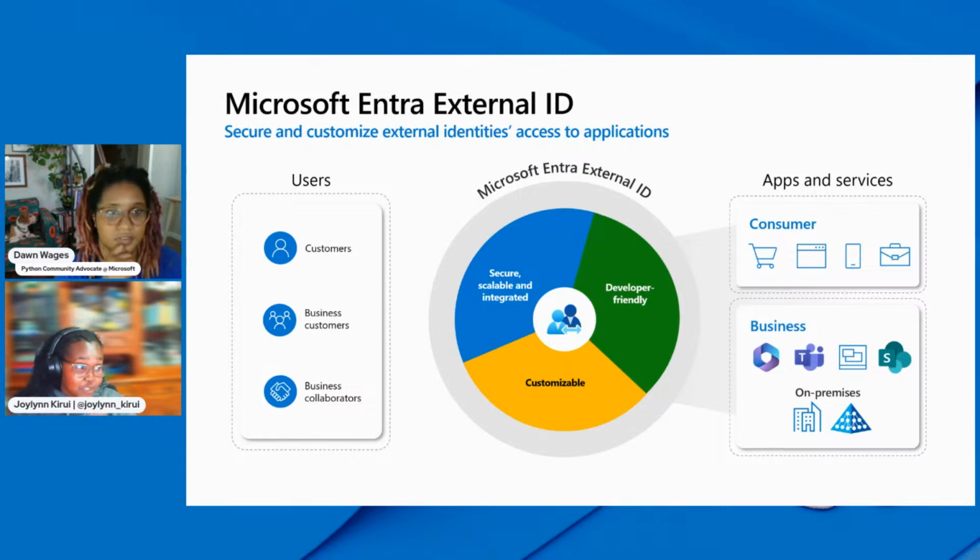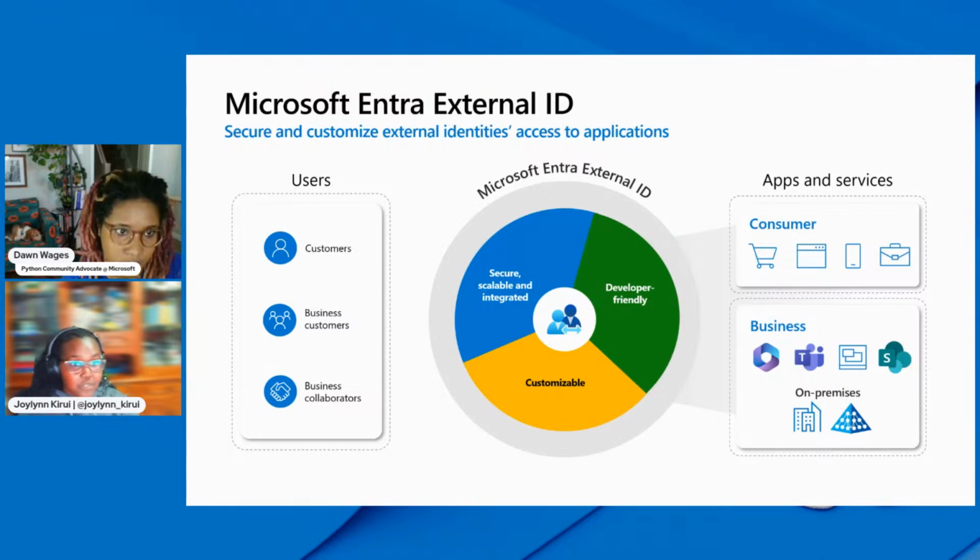That can be customers, your business customers, as well as business collaborators. This can be a scenario whereby you have a mobile app, an e-commerce site or e-commerce app, and you want customers to authenticate before buying your solutions. It can also be a bakery. It can be anything that you think about, where you want to sell to your customers and you want them to be authenticated.